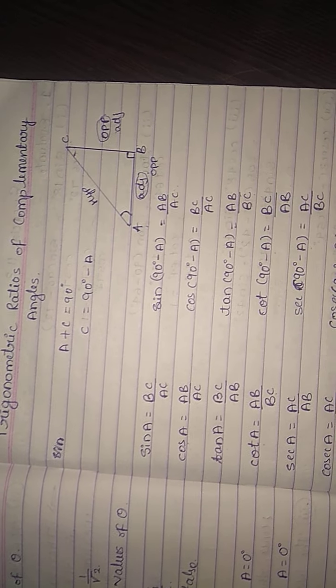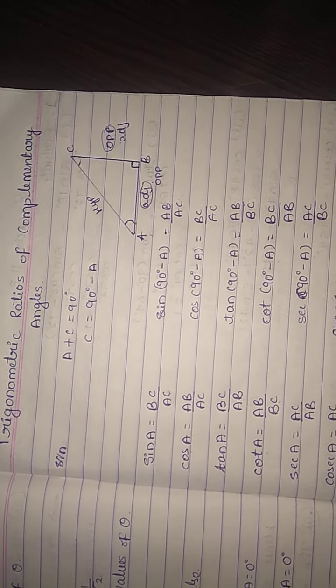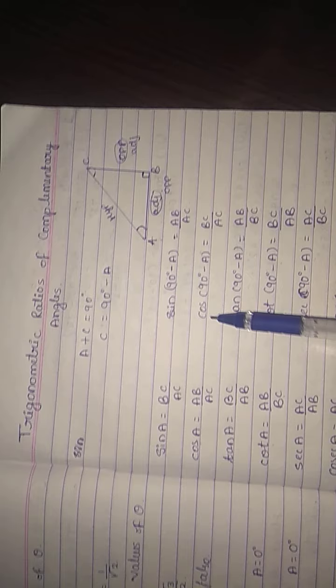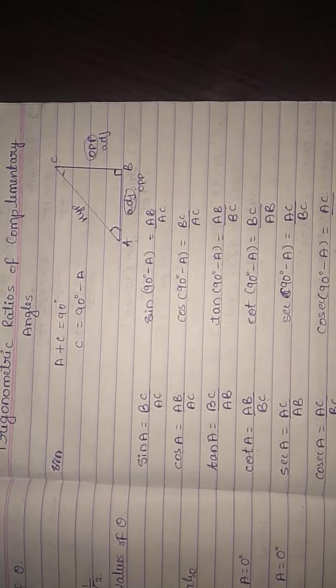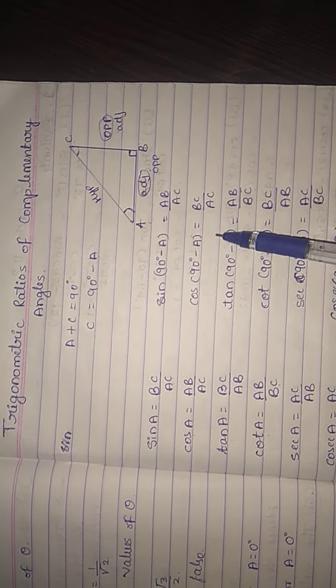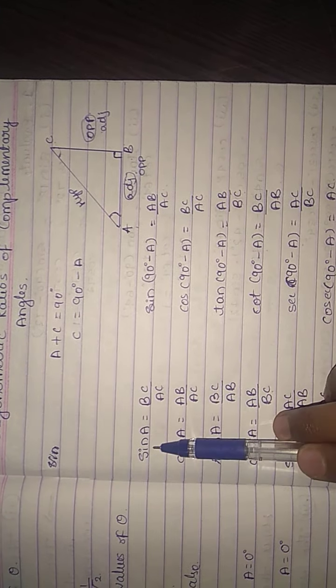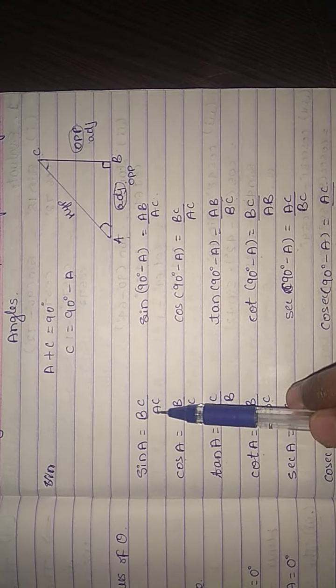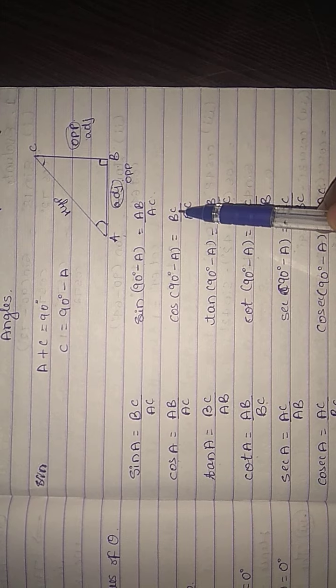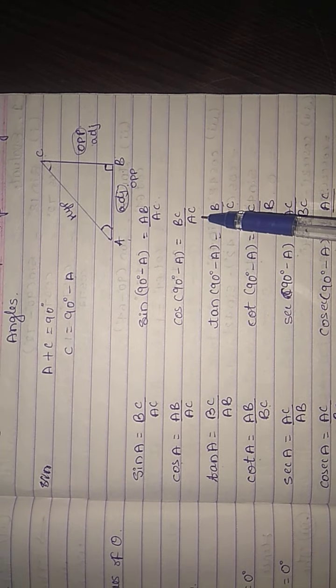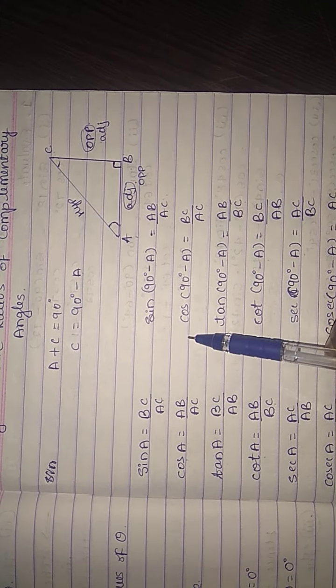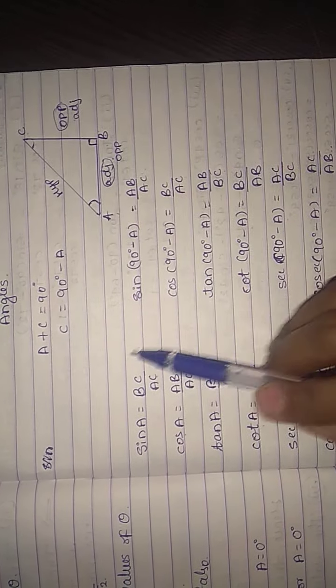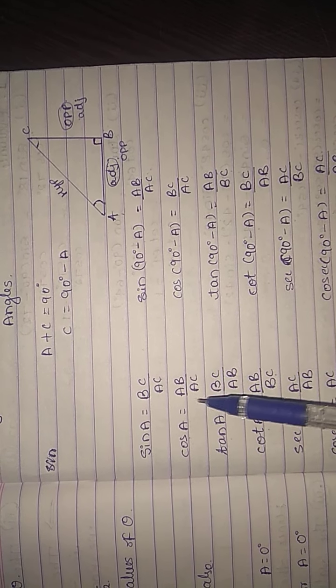Yes or no? Now, if we compare sin A and cos 90 minus A, is this the same? See here. Sin A is BC by AC. Cos 90 minus A is BC by AC. Yes or no? Can you find these two equal? Yes.